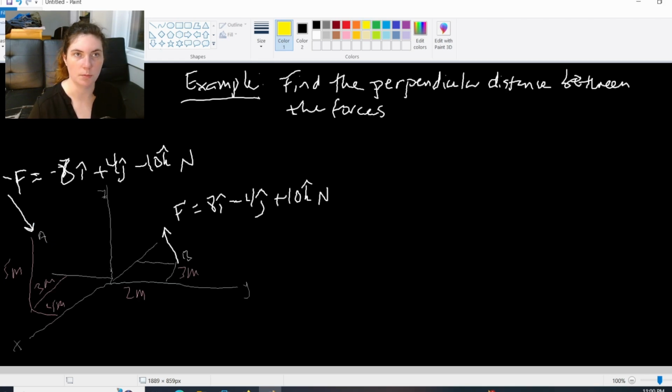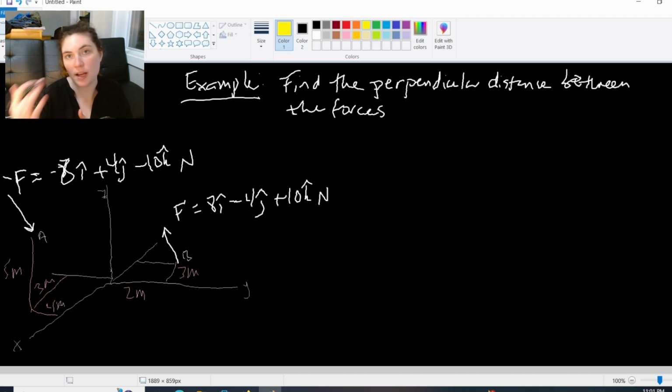In this last example, now we're working in a 3D space, and we have our moment couple in this 3D space where we know it's a moment couple because we can see that all of the I hat, J hat, and K hat terms for our forces are the same magnitudes as each other, but each flipped in sign, right?